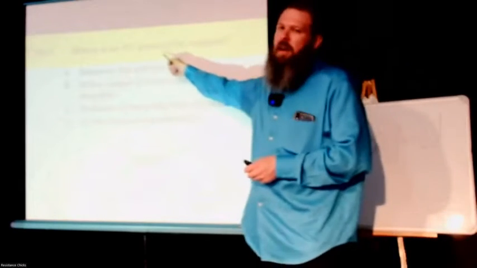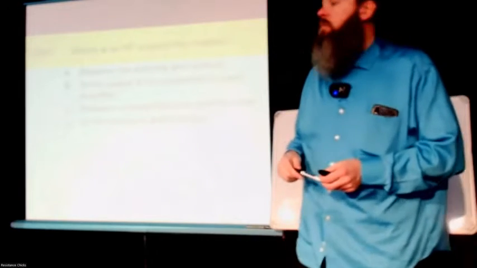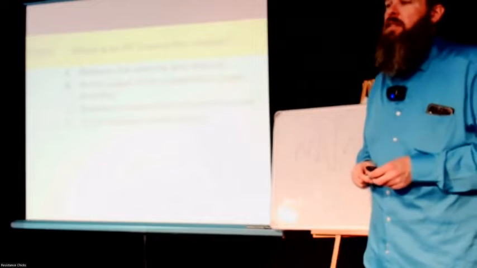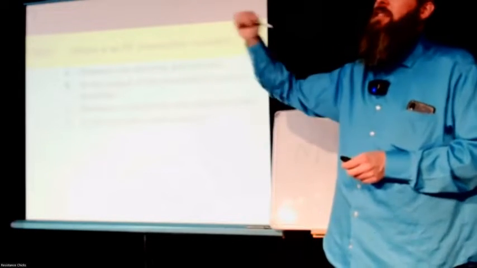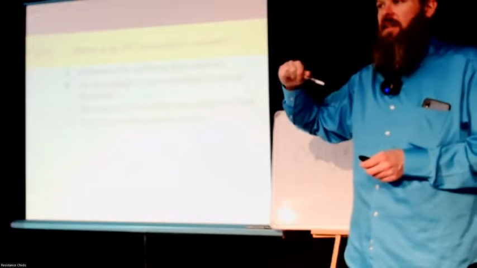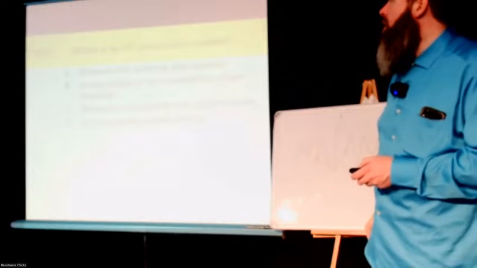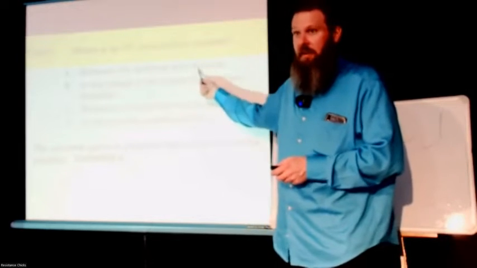But this is an RF preamplifier. A preamplifier increases the signal, but not your transmit signal. It increases the signal that you receive. This is a receive amplifier. So where would it be installed? Between the antenna and the receiver.